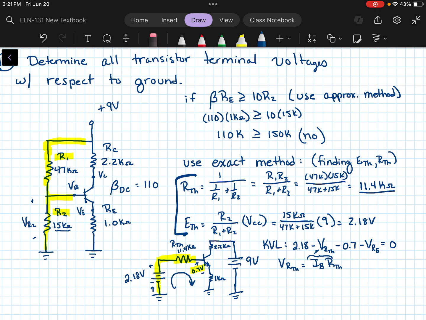And then the voltage across the emitter resistor, that's going to be the emitter resistor times the current through it, which would be IE, right? However, we know that IE is equal to IC plus IB. And we also know that IC is equal to beta times IB.